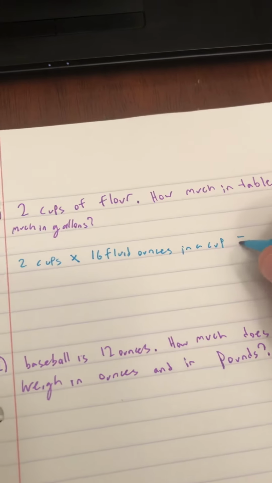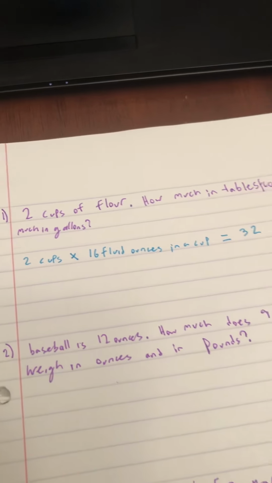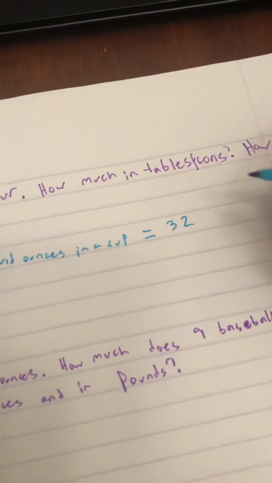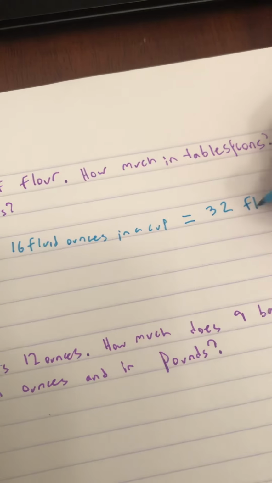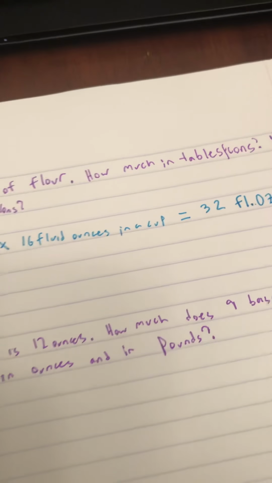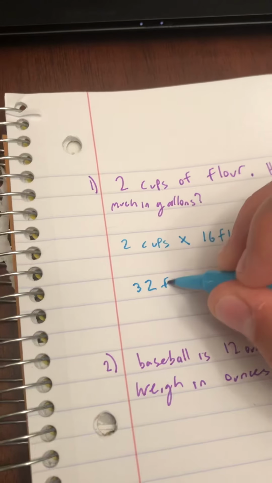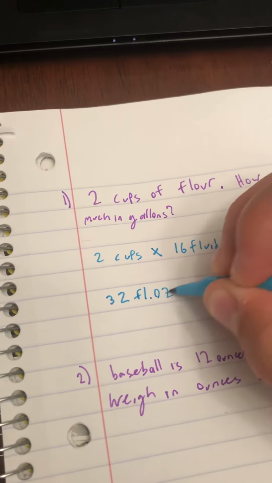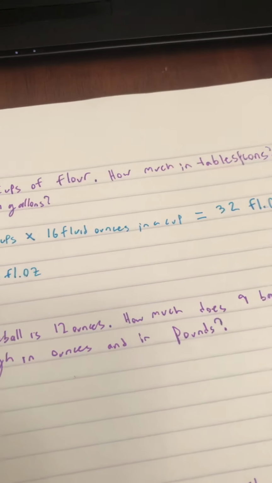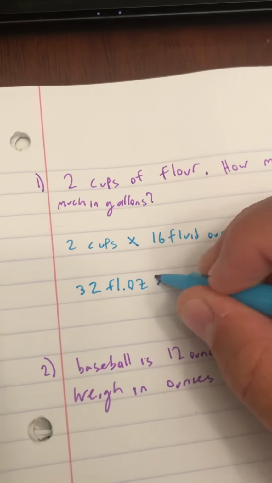So that means our 2 cups is equal to 32, 16 times 2, 32 fluid ounces. We write that FL dot OZ, fluid ounces. Now we're in fluid ounces, and we're still going smaller because tablespoons is smaller than fluid ounces, and we multiply.